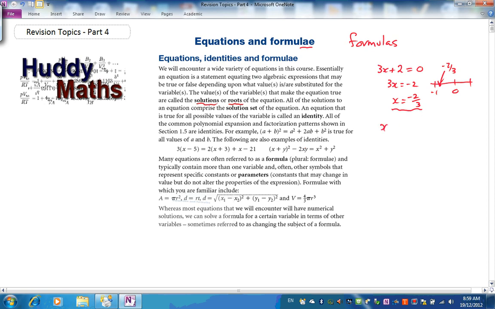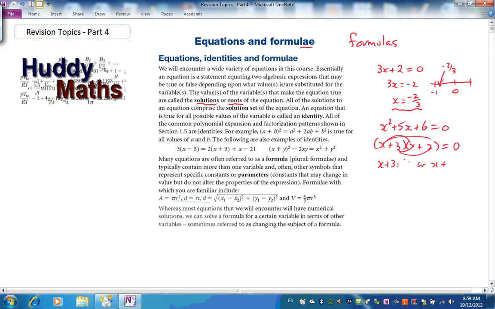What's another one? What about a quadratic equation? x squared plus 5x plus 6 equals 0. Might have done this in year 10. This is where we can use our factorisation skills, like this, just checking the expansion there that it is correct, and then by the null factor law, either x plus 3 equals 0 or x plus 2 equals 0.